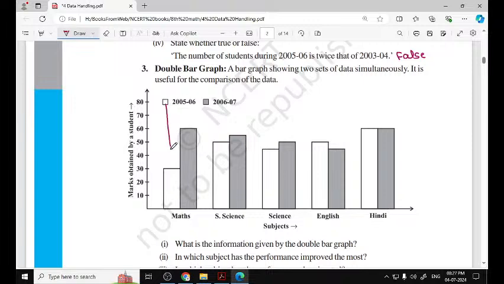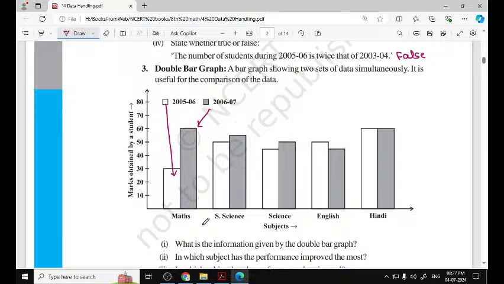This bar represents marks of students in 2005 to 2006 in maths, and the bar adjacent to it represents marks of students in the next year.